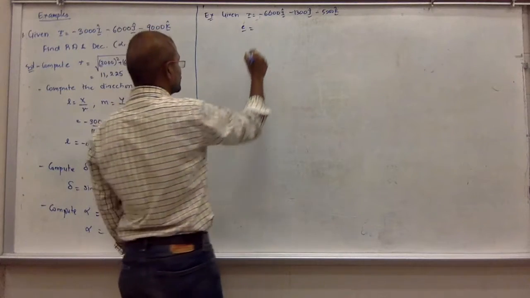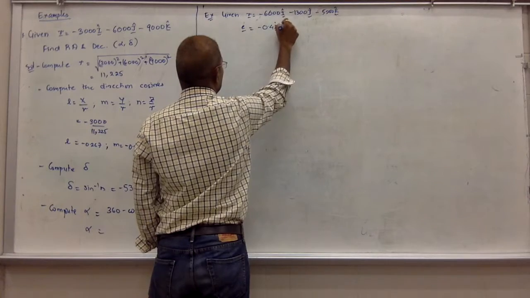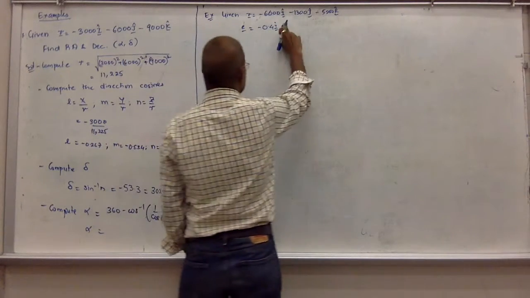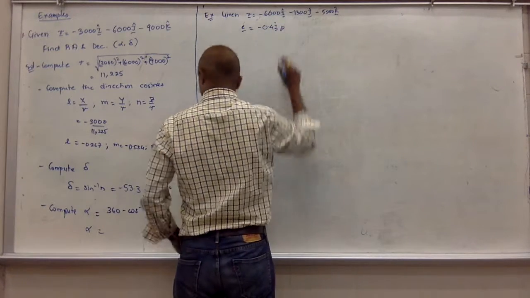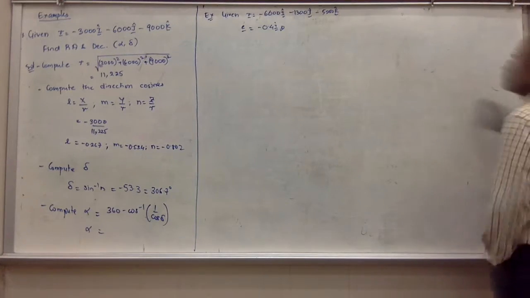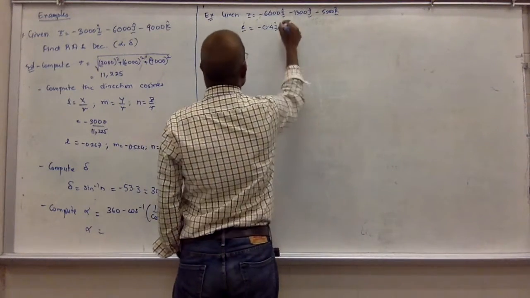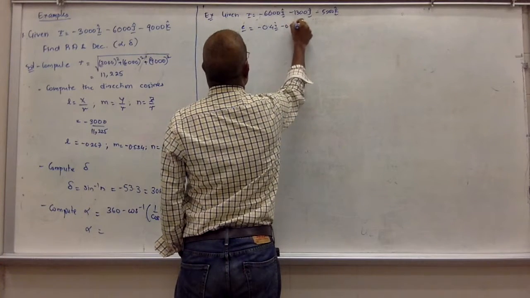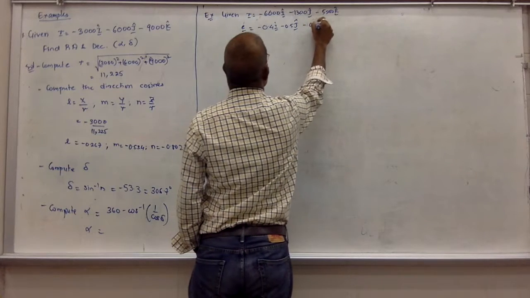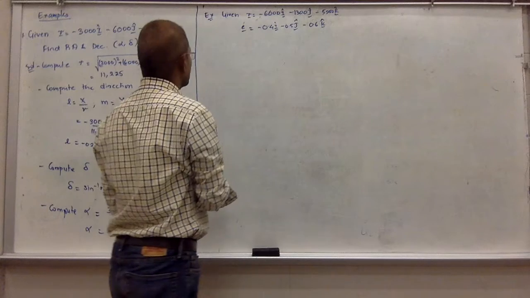And E is minus 0.4i plus 0.5j minus 0.3k.